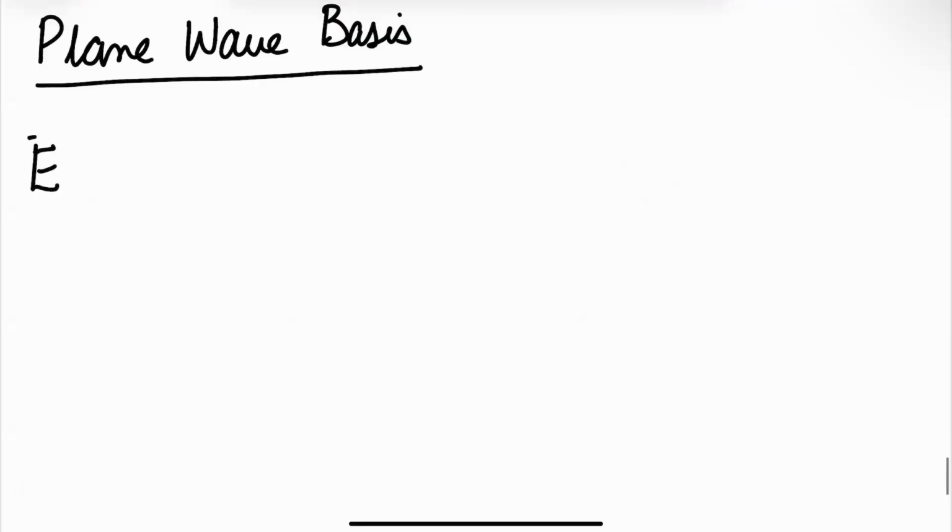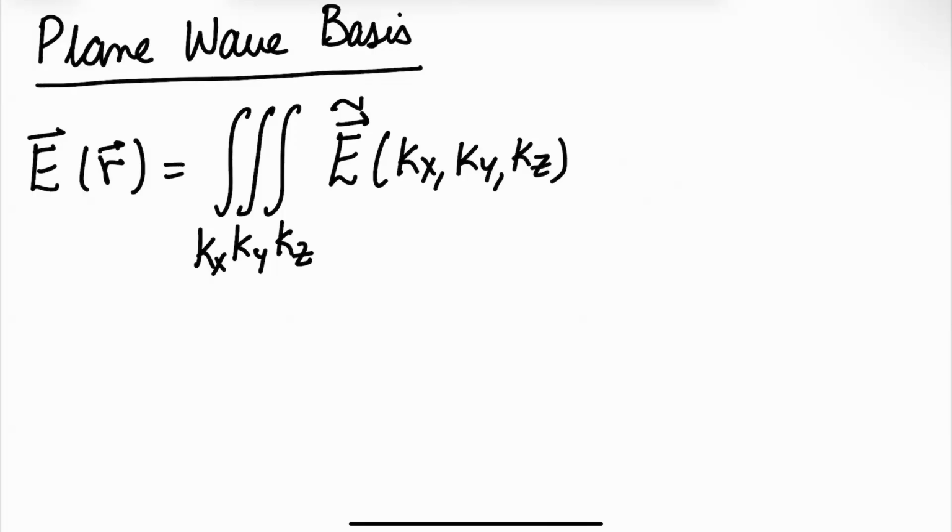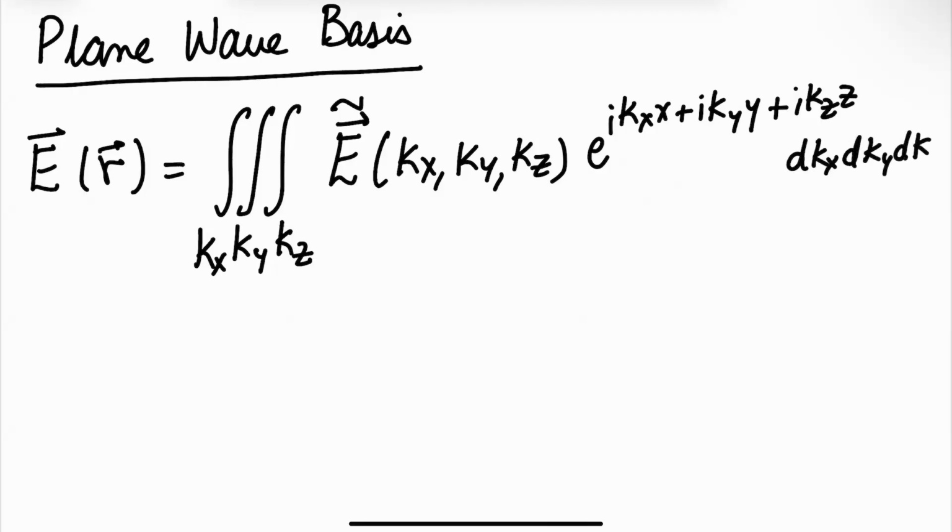So if I have a vector field E of r, this is rather the inverse Fourier transform, integral over kx, ky, kz of E tilde of kx, ky, kz, e to the i kx x plus i ky y plus i kz z, dkx dky dkz.